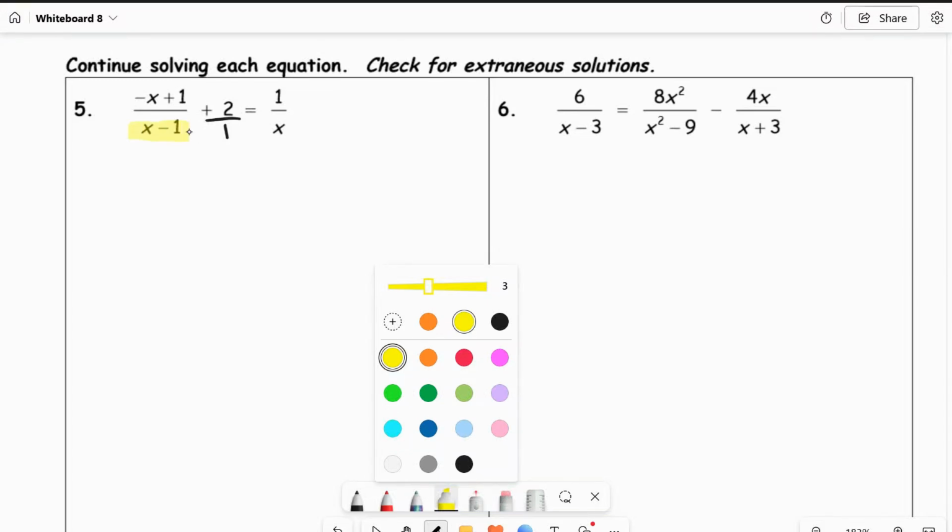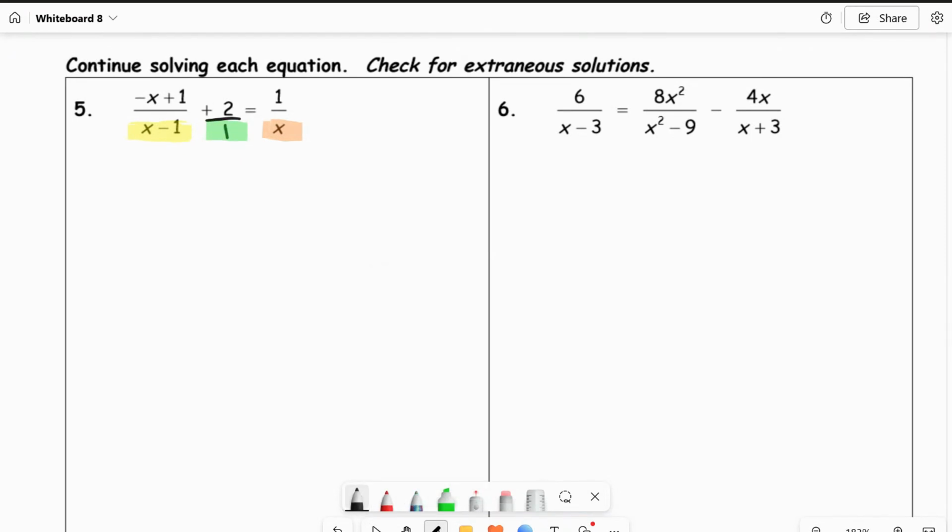I've got x minus 1 as one of my elements, I've got x as one of my elements, and then I've got 1 as my last element. Obviously, 1 isn't going to change things very much for me. So for my LCD, I'm going to need an x minus 1.